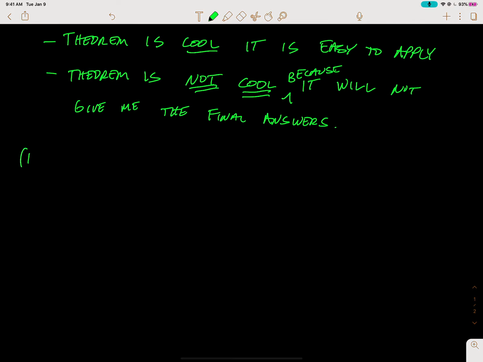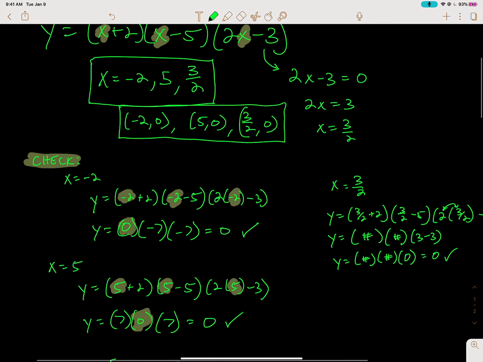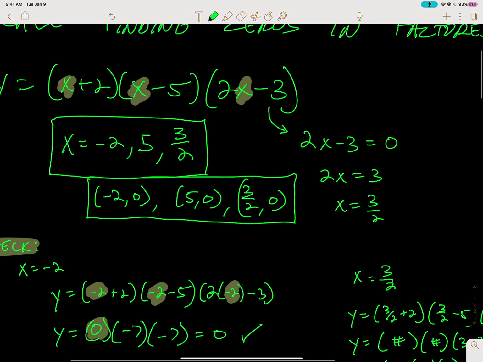So the first thing that we're going to discuss with this theorem is it's called the rational roots theorem. First, let's recall what is a rational number. It's important to understand this. It'll help you remember the theorem. Okay, so a rational number, if we look back to our zeros that we got earlier in that example, we got -2, 5, and 3/2.